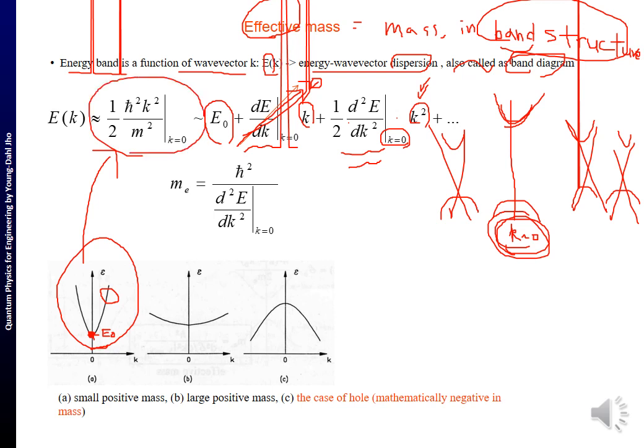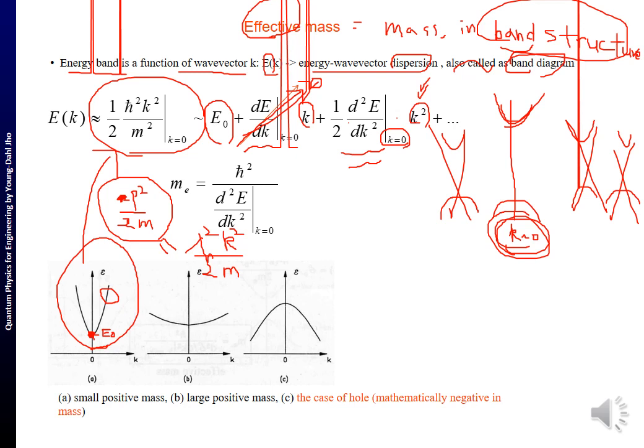If you have the kinetic energy term, as we know, it is always p square over 2m. That is the kinetic energy term in the Hamiltonian. In the wave picture, this is the same as h bar square k square over 2m.